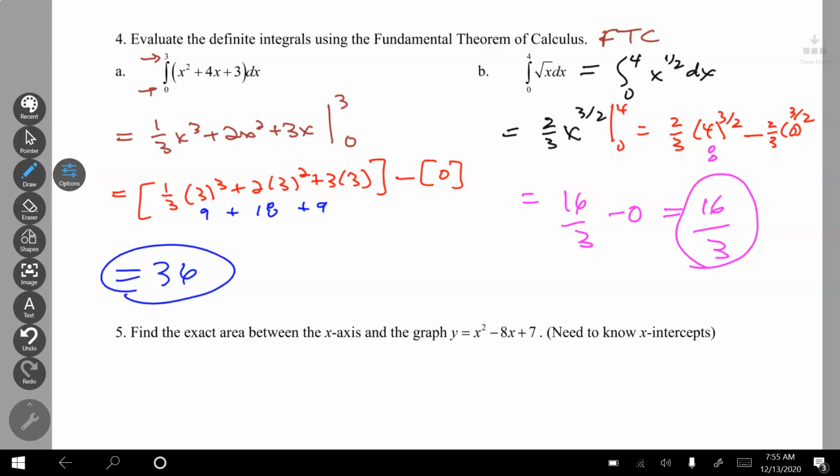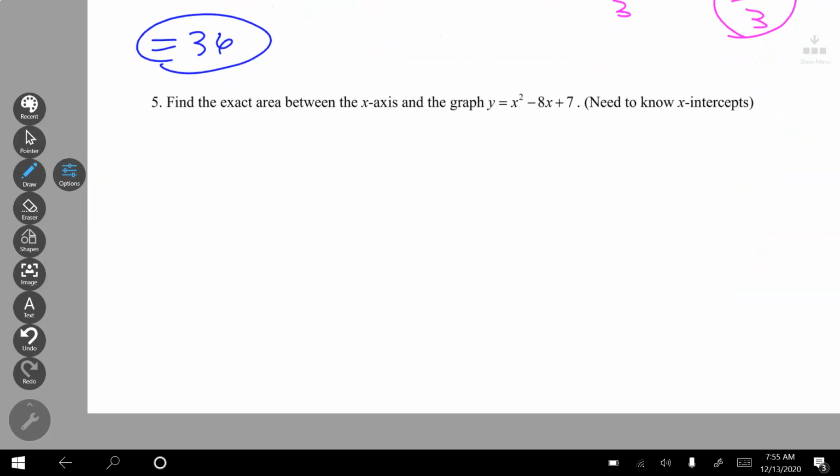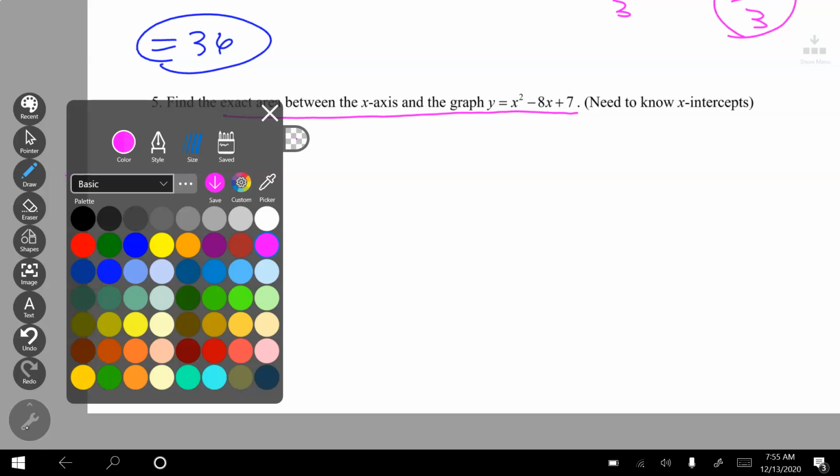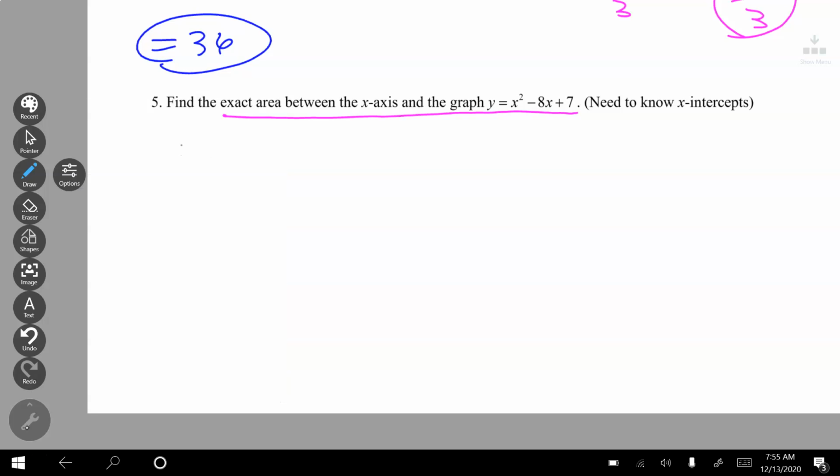Now this last problem is a little bit different because it's asking what is the area between this graph and the x-axis. I should know what this graph looks like, but first maybe I should factor it. So if I factor it, I get x minus 1, x minus 7.